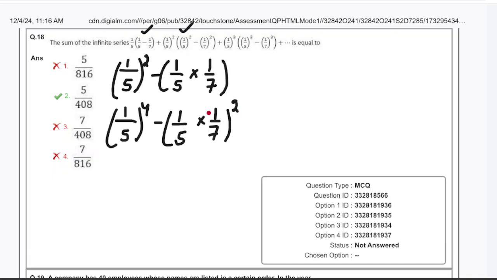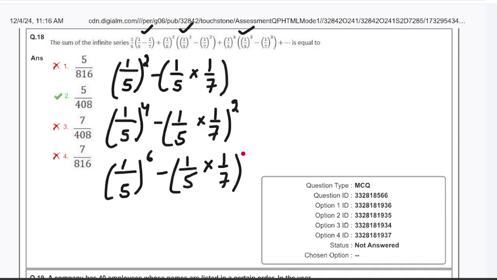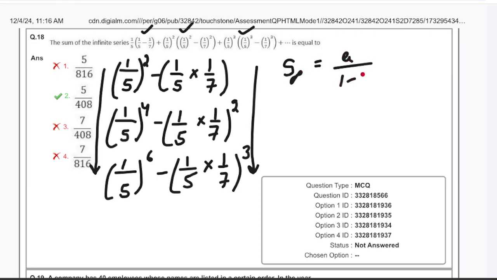Let's check one more. When I multiply the third one, I get 1 by 5 raised to power 6 minus (1 by 5 into 1 by 7) whole cube, because it is 1 by 5 cube into 1 by 7 cube. Now this is a GP. One GP I can find on the left hand side, the second GP on the right hand side. The sum of an infinite GP is A upon 1 minus R, so we may use this formula.